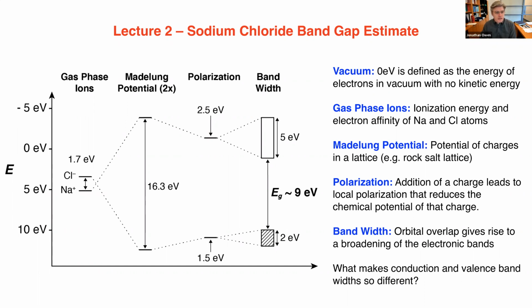It's all about the electrostatic binding of that lattice, 16 eV. Now that is modulated by the polarization of the crystal. The atoms rearrange their electrons while maintaining the symmetry in the case of sodium chloride, and that polarization of those electrons does a lot to change the stability of those charges and the bonding of that lattice.